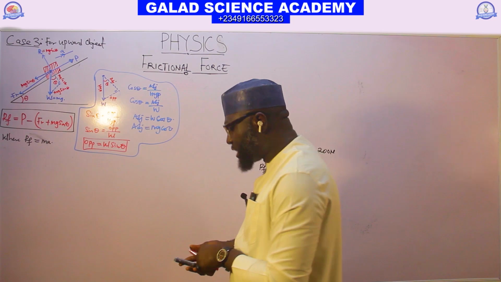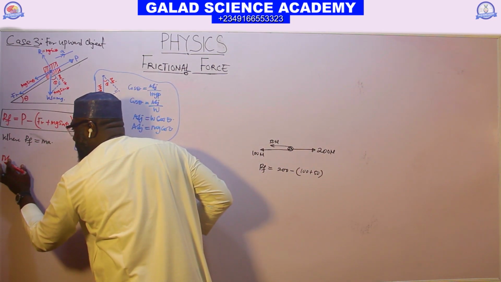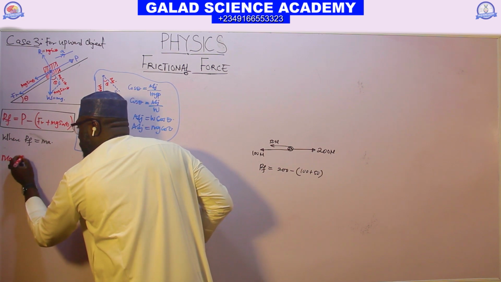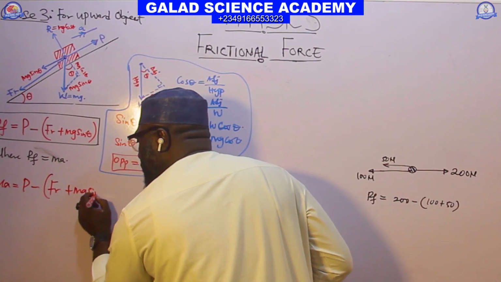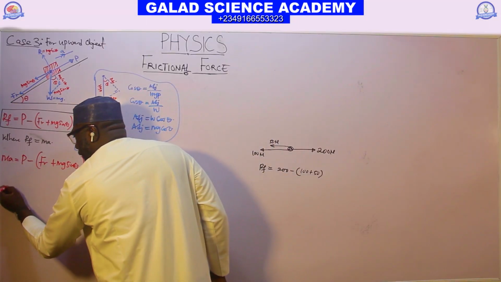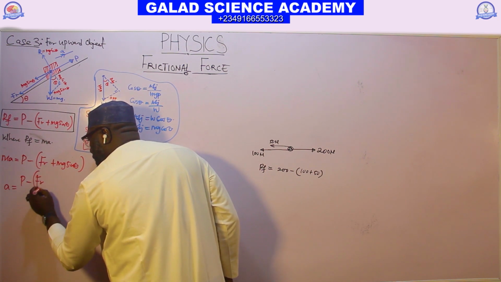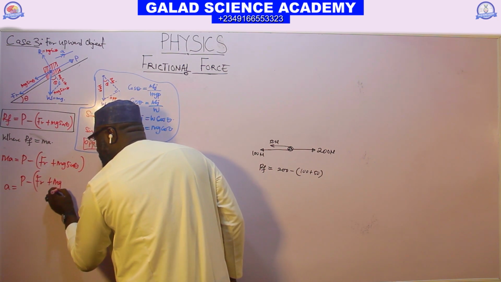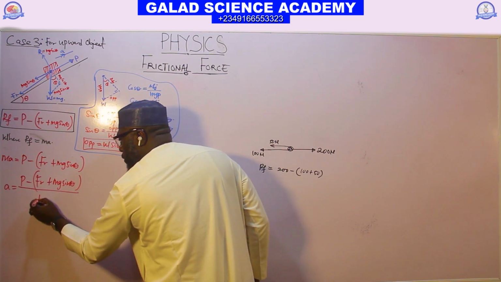So for resultant force MA, we have MA equal to P minus Fr plus mg sine theta. From this expression, our A can be P minus Fr plus mg sine theta over m.